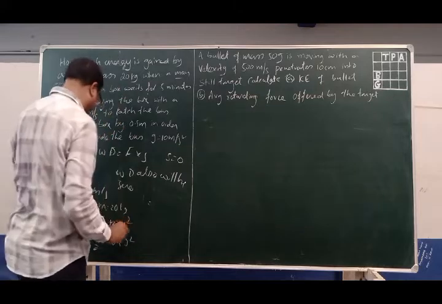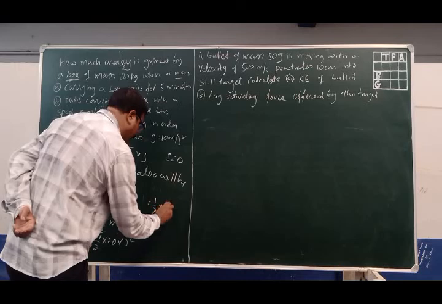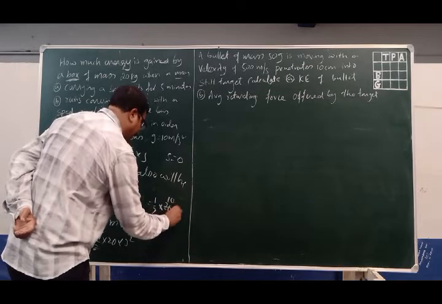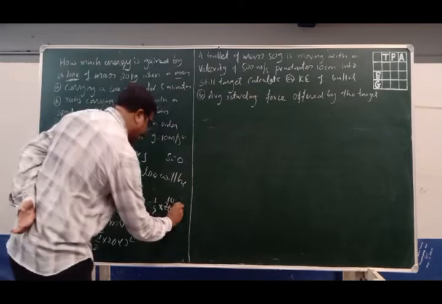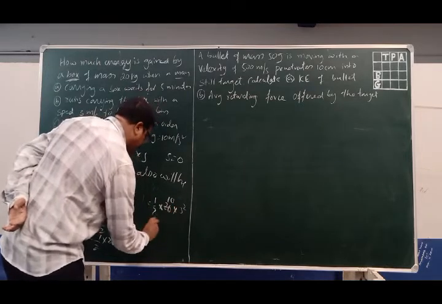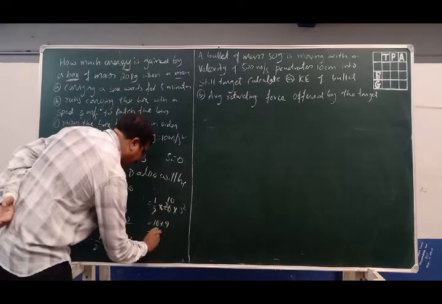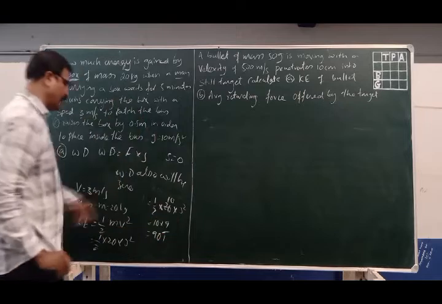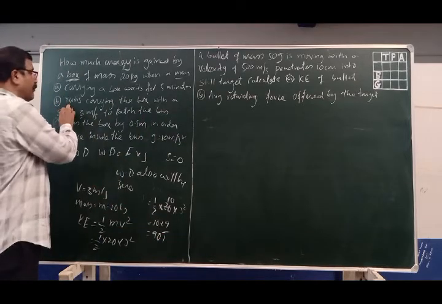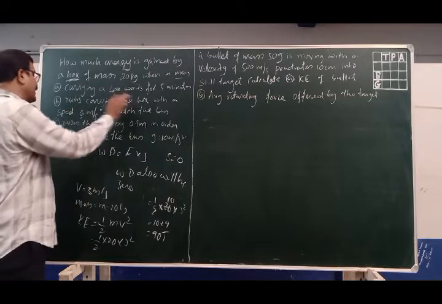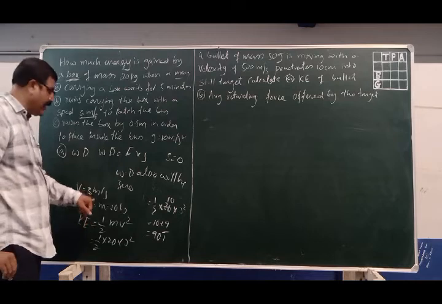So we will get half into 20, that is 10, into v square, that is 3 square, that is 9. That is 90 joule. So this is the energy gained by the box when the man carrying it runs with a speed of 3 meters per second. So here we have used the formula for kinetic energy.